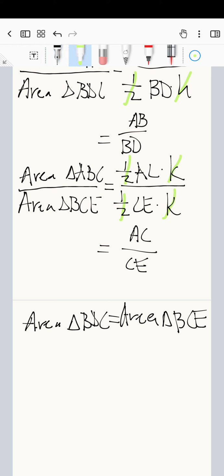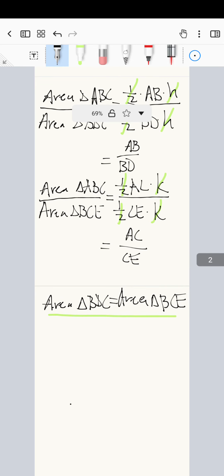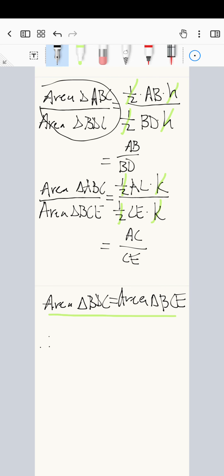Okay, so why is this important? I'm basically saying that this one and this one, the stuff that's at the bottom, are equal to each other. That's what this line means. All right, so now we can say therefore, this one over here and this one over here are equal to each other.